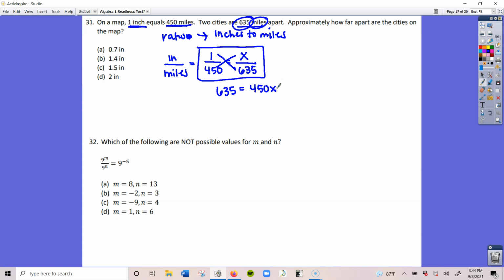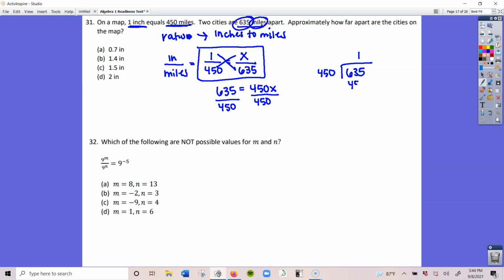To solve for x, which is my inches, I'm going to divide by 450. So let's do that. We have 635 divided by 450. 450 goes into 635 only one time, because double will be 900, so that's too much.